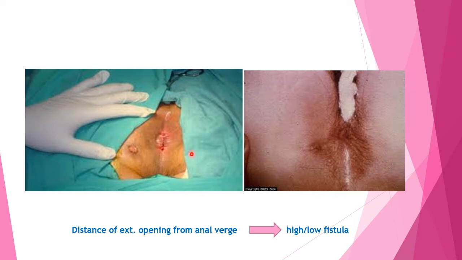Okay, these are some pictures showing you a fistula in ano. This is the anus. This opening is quite a distance away from the anal margin, and these fistulas are usually the high type. The superficial ones tend to have the opening closer to the anal verge. Here, anus here, fistula here, compared to this, which is much closer.